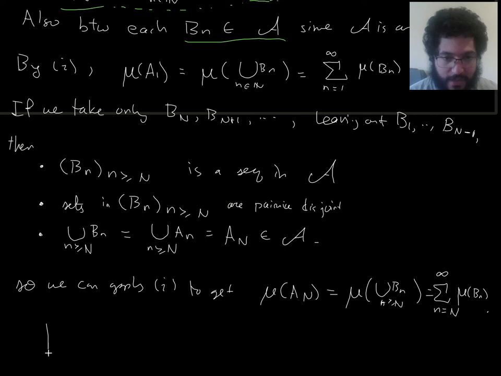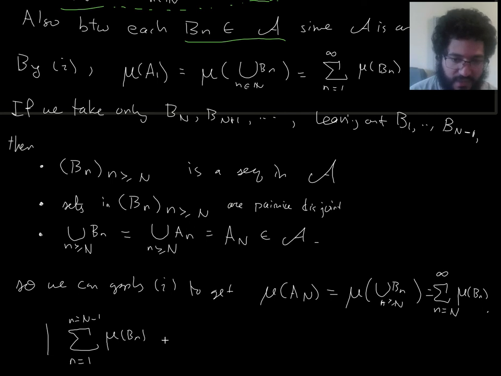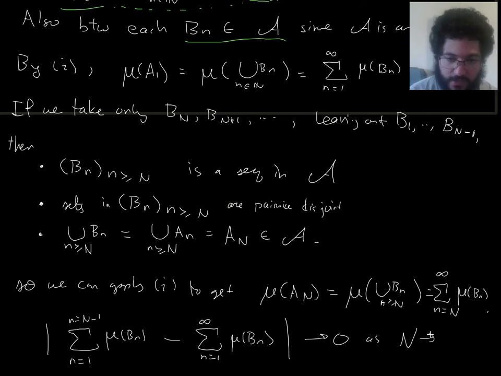Let me put it this way. So when we say this series converges, we're saying if you take a partial sum, like let's say from n equals 1 up to n equals capital N minus 1, and you compare that with the value that we are asserting the series converges to, which is this, then this goes to 0 as you take larger and larger capital N, right?